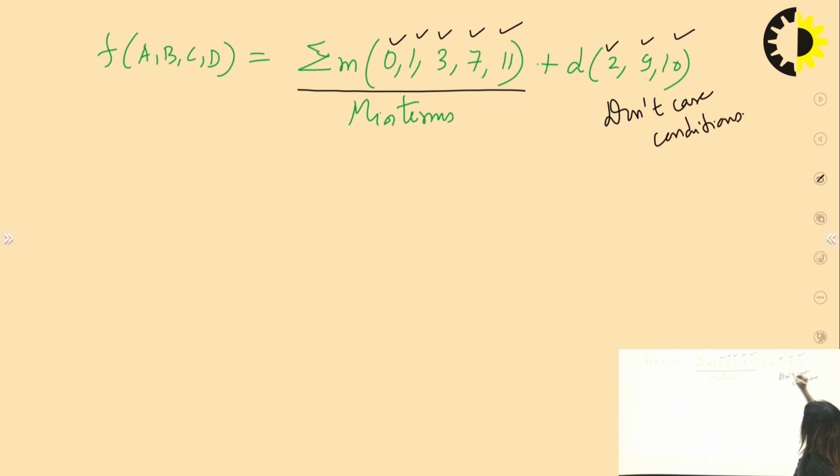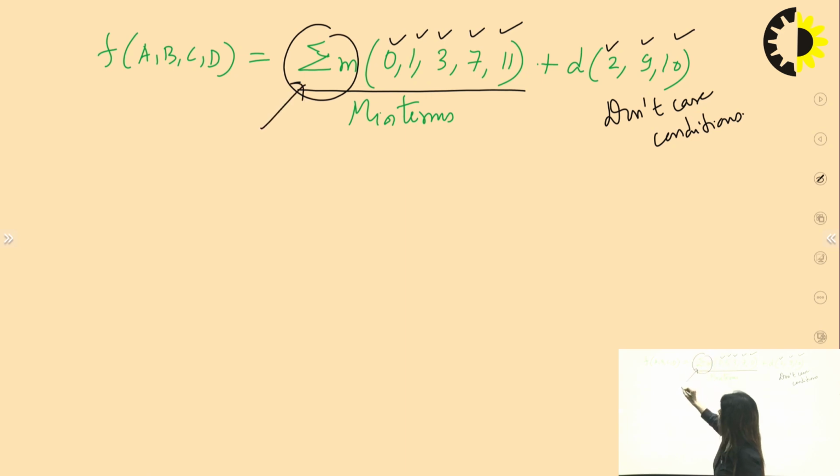Maybe you are given a problem where there is no don't care condition, so this term will not be there. Only this summation m will give you the hint that the problem is for SOP, right? The problem is for SOP.